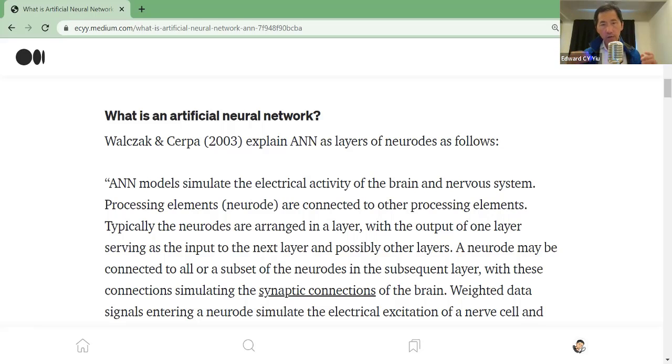Typically, the neurons are arranged in layers with the output of one layer serving as the input to the next layer and possibly other layers. A neuron may be connected to all or a subset of the neurons in the subsequent layer, with these connections simulating the synaptic connections of the brain.